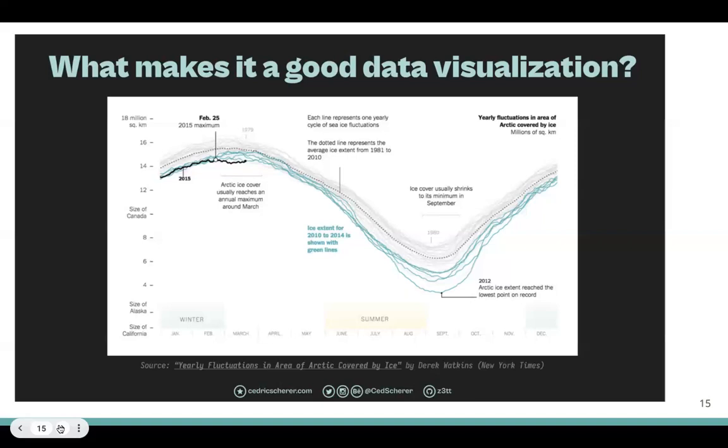We're talking about the size of the ice caps, but notice they've not given arbitrary decimal points. They've just kept it to whole numbers, reducing the clutter.